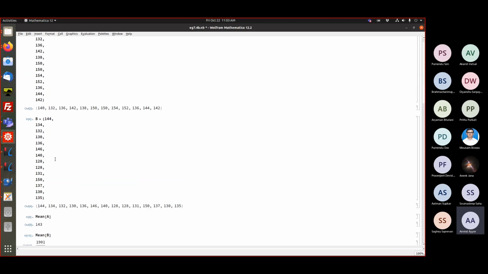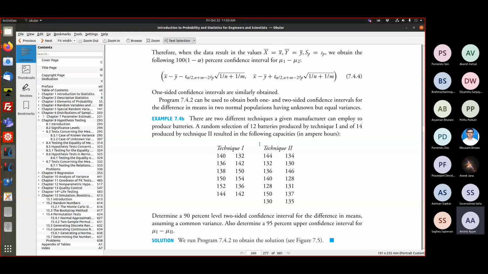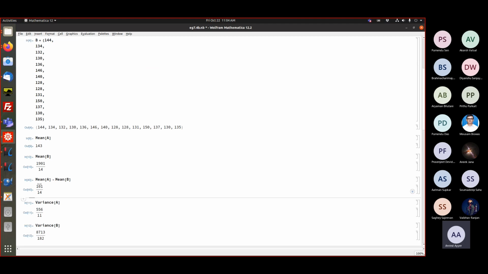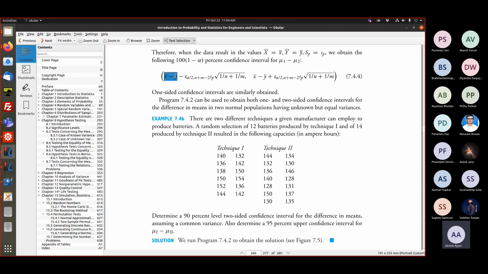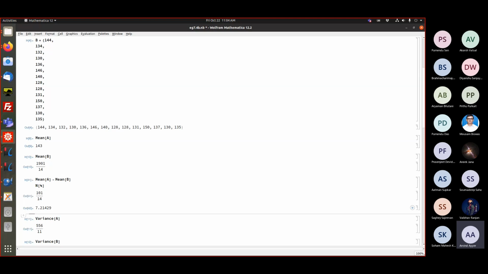I'm calling the technique 1 sample A and technique 2 sample B. For the A sample, the mean turns out to be exactly 143, and for technique 2, it's this fraction, and so the difference, x bar minus y bar, which is common to both, is 101 by 40. So we can see roughly how much that is. It's about 7.2.